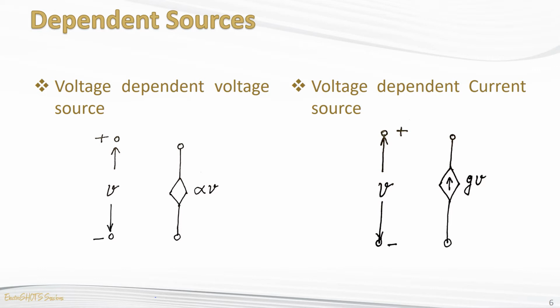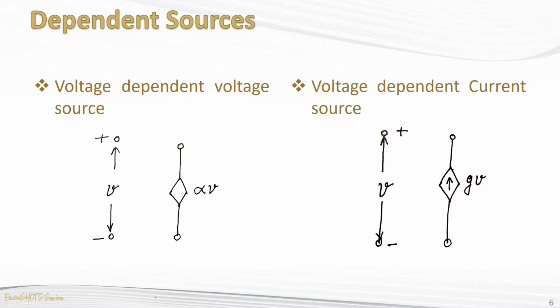The dependent sources listed here in this slide are the voltage dependent voltage source and the voltage dependent current source. In both the diagrams you can see there is a voltage source. One is alpha V in the first diagram, and in the second diagram it is a current source of the value GV.